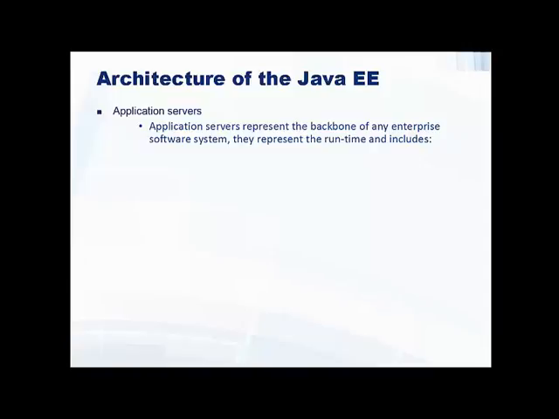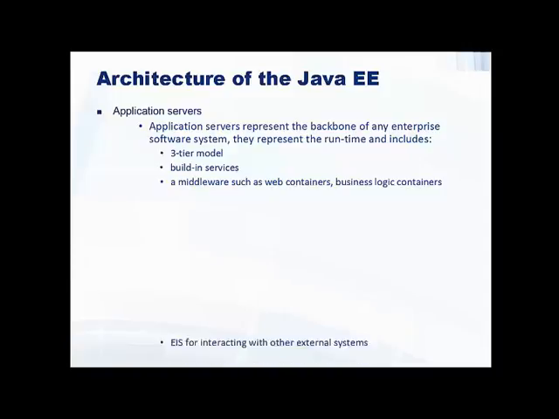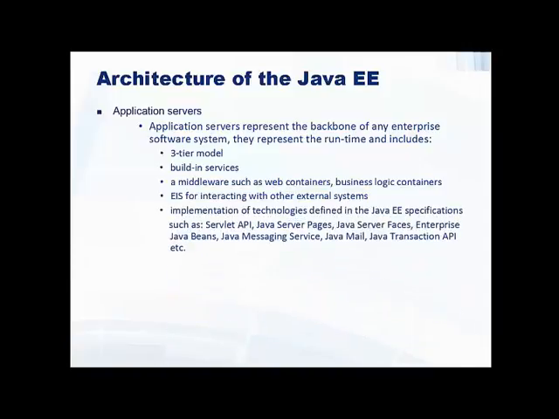It is the runtime, and it includes a three-tier model, built-in services, and a middleware, and a middleware can be a web container or a business logic container. It deals also with enterprise information systems for interacting with other external systems.